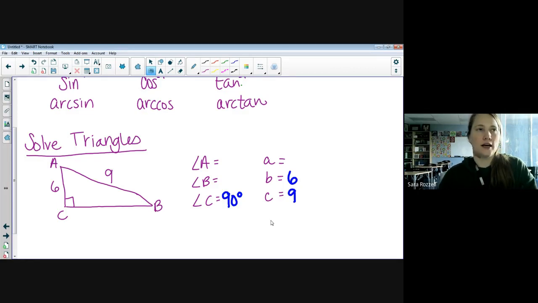Before we use our arc sine or tangent or cosine, whatever we're going to use, let's go ahead and find side A. To find side A, we're just going to use the Pythagorean theorem, right? A, we don't know. These are both of our sides, and then we have our hypotenuse. So A squared plus 6 squared is equal to 9 squared.